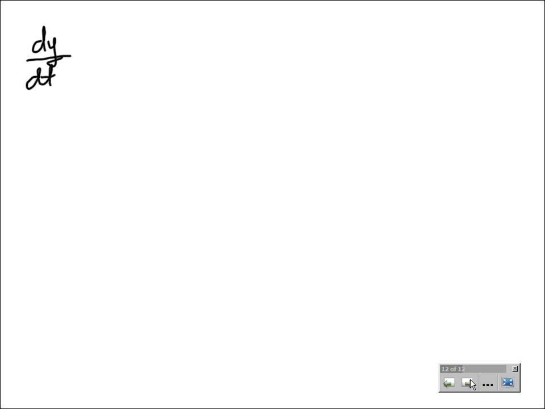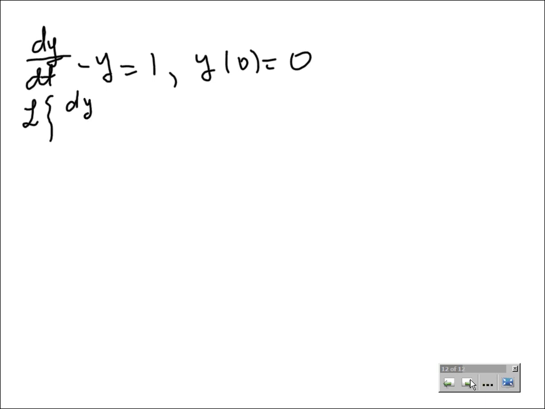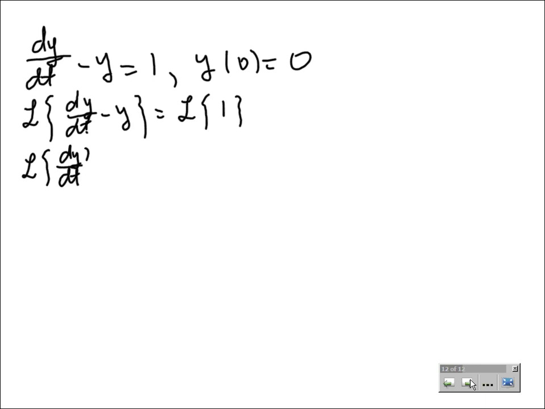dy/dt minus y is 1 and y of 0 is 0. So I take the Laplace transformation of the left side and I take the Laplace transformation of the right hand side. On the left side we get the Laplace of dy/dt minus the Laplace of y.